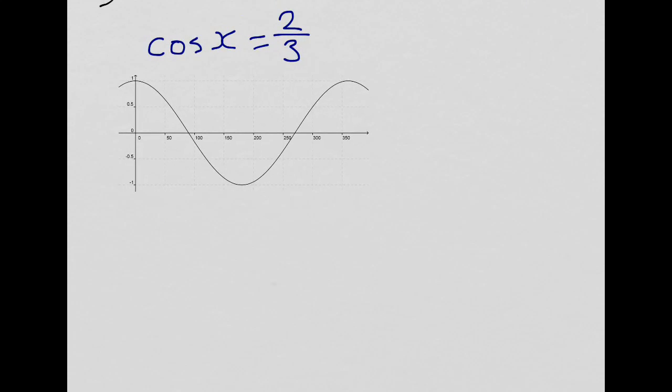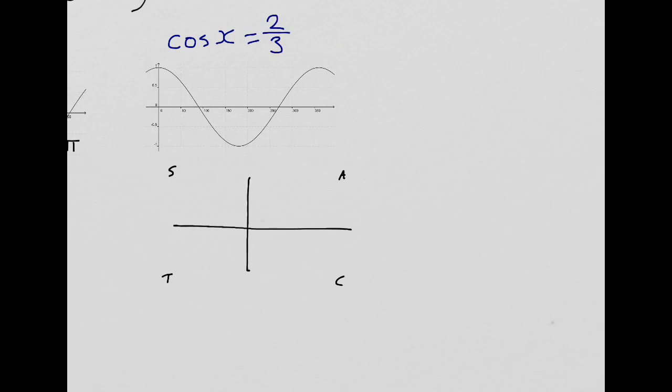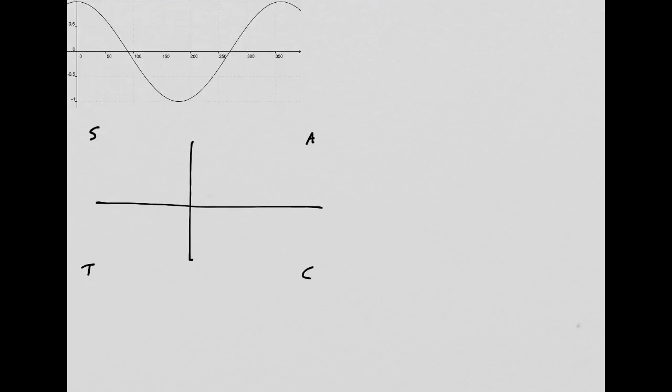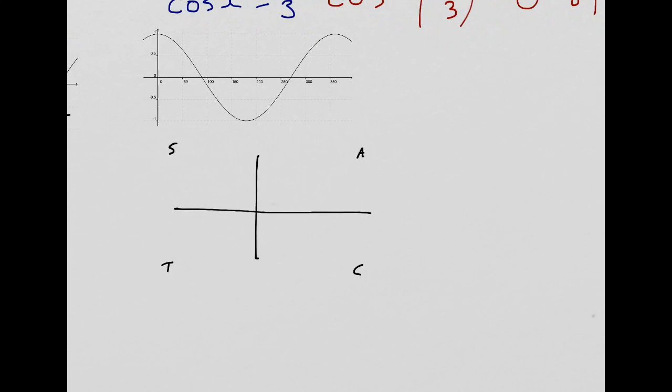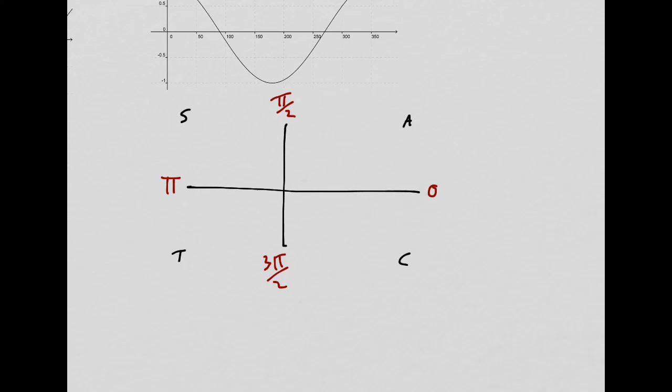So cosine x equals 2 over 3. We'll use a combination of cast diagrams and our cosine curve for this one. So first step is to find our primary angle, so inverse cos of 2/3, and we get 0.84 radians. Remember, the limit's in radians, so our answer needs to be in radians as well. Okay, so on our cast diagram, 0.84. We need to put our cast diagrams in terms of radians as well. And 0.84 is less than pi by 2, so our angle is going to be somewhere in this quadrant.